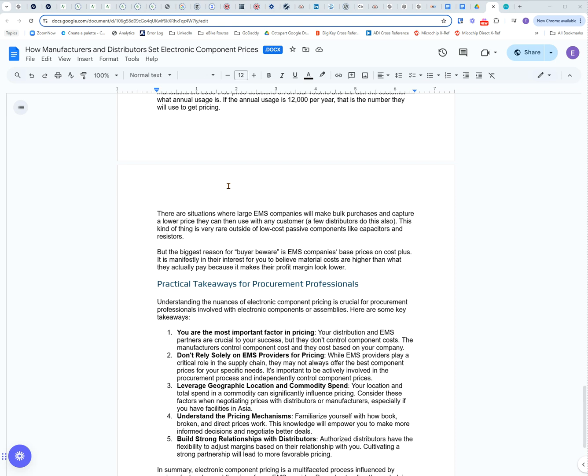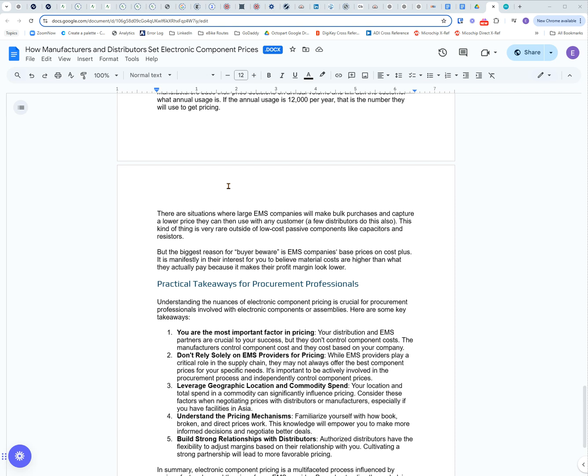Kind of a last idea in all this is particularly if you're working with an EMS company, you really have to be buyer beware on all of this because in general, EMS companies use a cost-plus model.